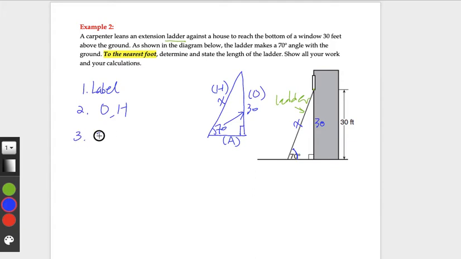So I know SOHCAHTOA is working here, because that's the one that works with opposite and hypotenuse. Let's write down the equation. Sine 70 equals opposite over hypotenuse, which is this. Make sense?